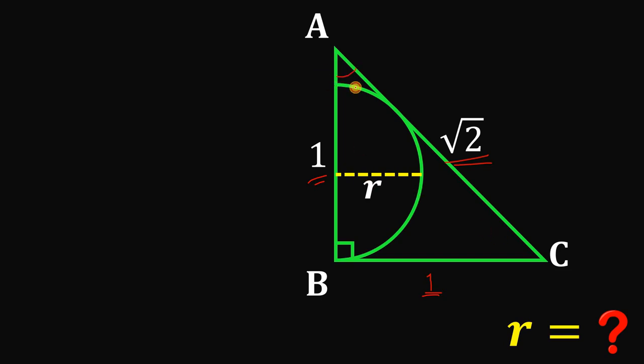Meaning this angle A is 45 degrees, and this angle C is also 45 degrees. So we can say that the length of BC must also be equal to 1.